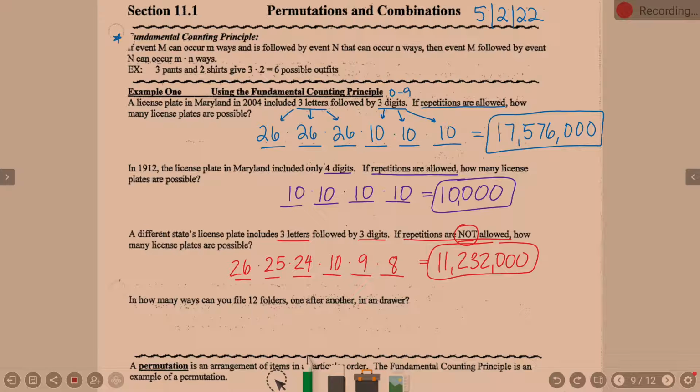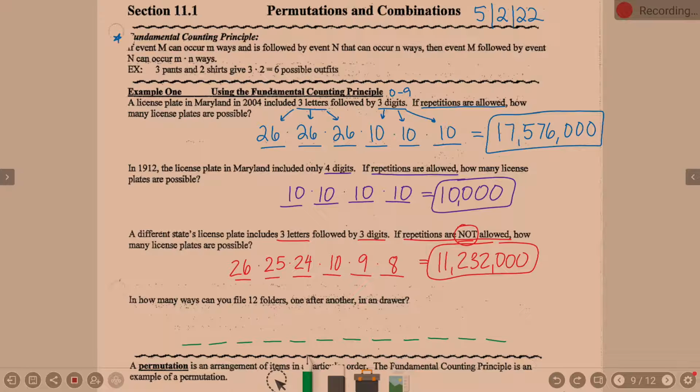There's 12, right? There's my 12 blanks. Not that you have to write your blanks out, but that's my teaching tool.